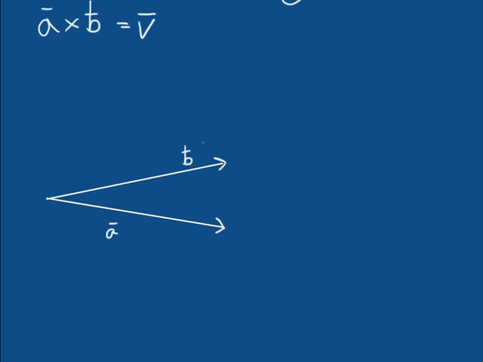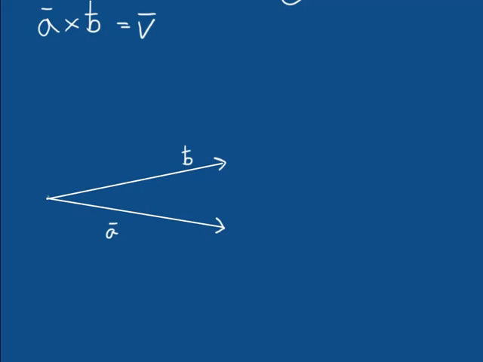We're going to find a vector that we're going to call n hat, and because it's n hat, it's a unit vector, so it has a length of 1 unit, and this n hat vector has a very special property. It's going to meet both our vector A and our vector B at a right angle. That is to say that n is mutually perpendicular to A and B.